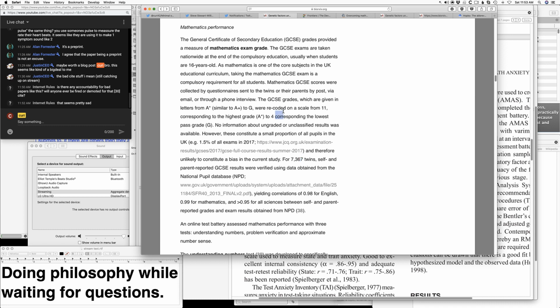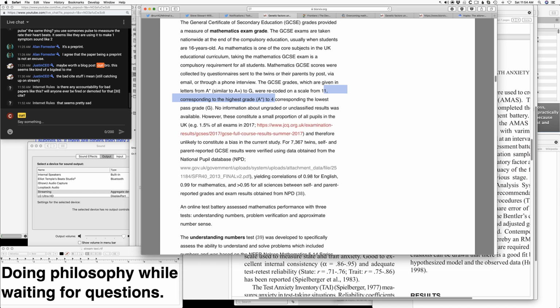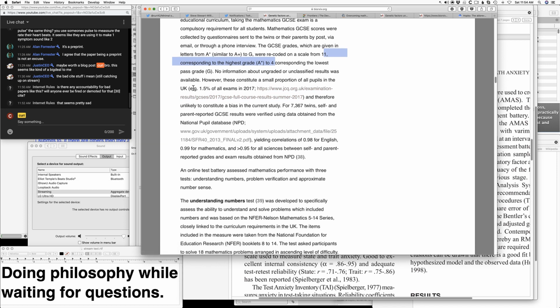Why would you recode them on a scale of 4 to 11 instead of 1 to 7, or 1 to 8? That's odd. Okay, and so they're missing some data, but they think it doesn't matter very much.